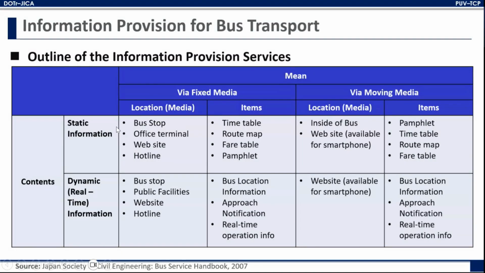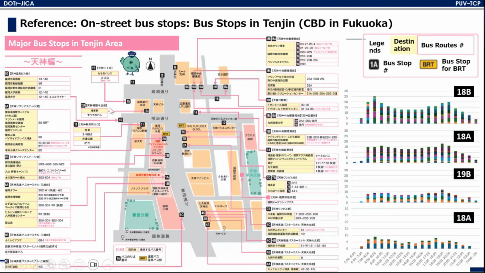These are examples of bus stop information. Again, I explain with Fukuoka City as an example. A pamphlet is distributed for citizens who are not familiar with public transport.